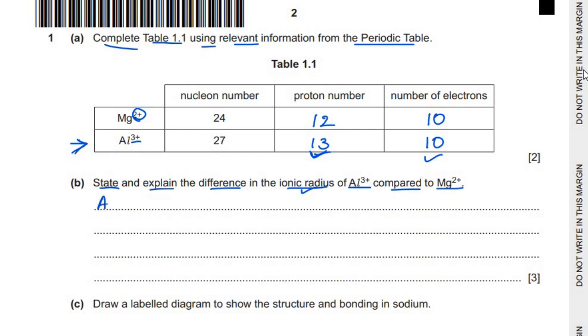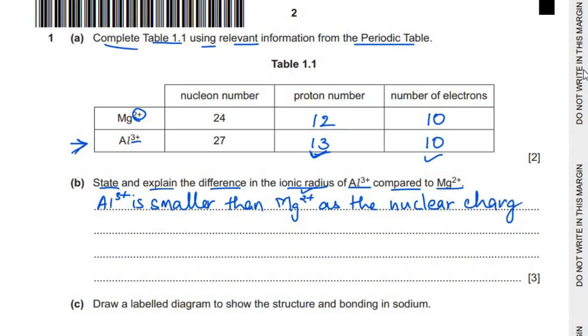The aluminium ion is smaller than Mg2+, that is magnesium ion, as the nuclear charge, or you can even write that the proton number, is higher. So nuclear charge in Al3+ is higher.